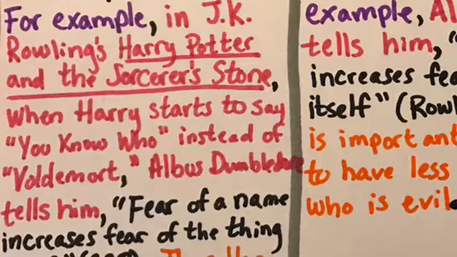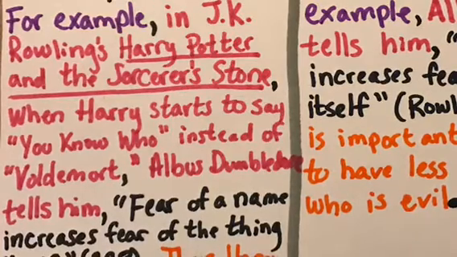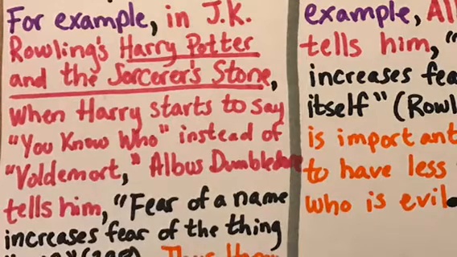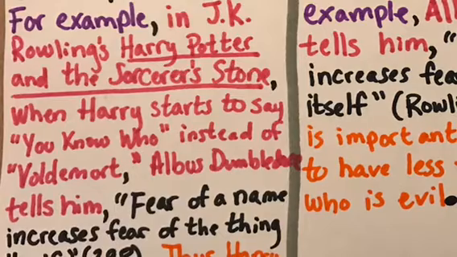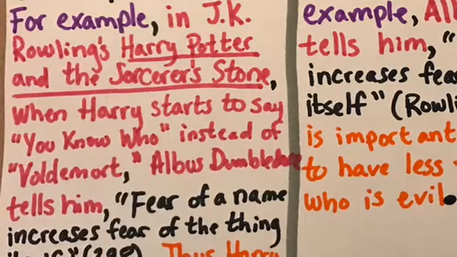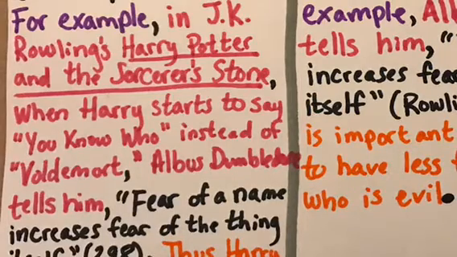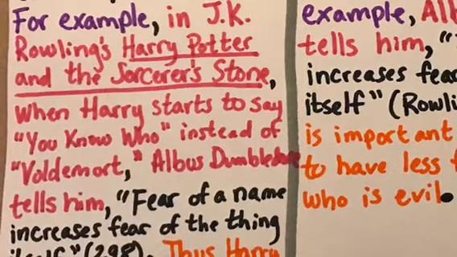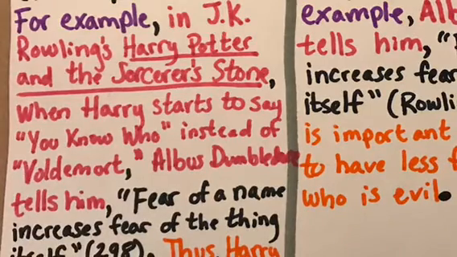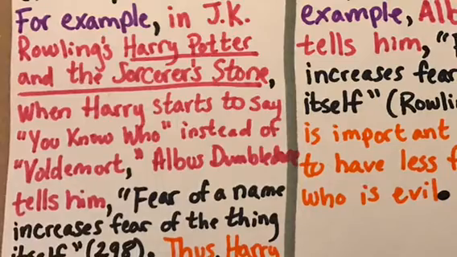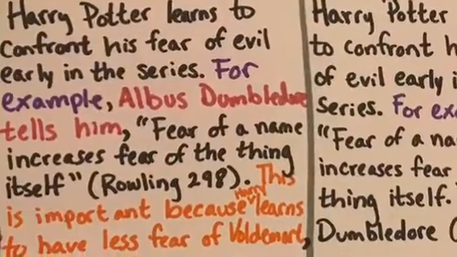Now, what I want you to note in my "for example" is that the fact that I've said the title of the book, Harry Potter and the Sorcerer's Stone, that alone isn't what makes this exceeding proficiency. I've just included it in this example. What makes this exceed proficiency is that I've said when Harry starts to say "You-Know-Who" instead of Voldemort. Here I'm describing the particular scene when I'm providing context, whereas in the 3 example I just say Albus Dumbledore tells him.